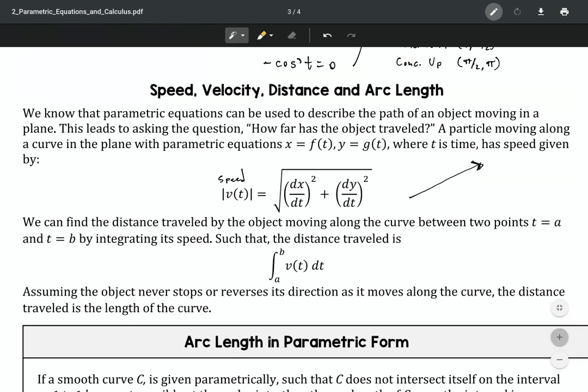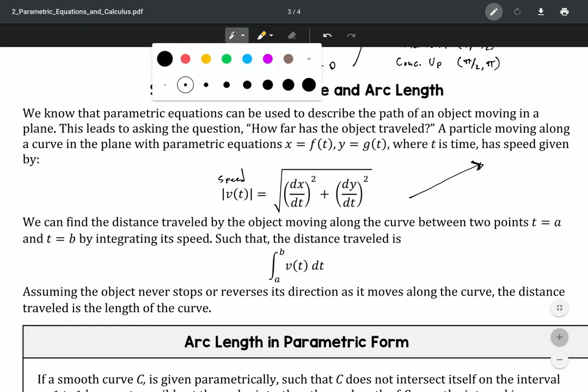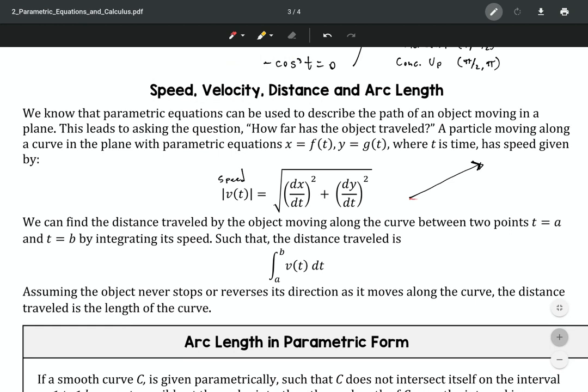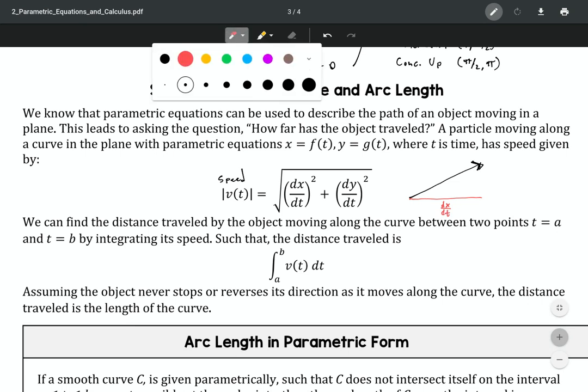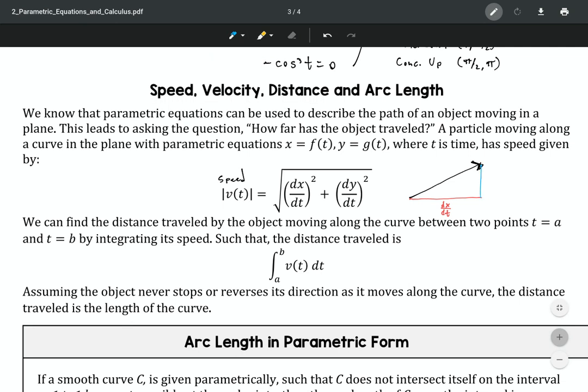All right, so if we're trying to find the length of this vector, which we call the magnitude of the vector, and let's say that this vector represents some kind of velocity, okay? What we would do is try to find the velocity in the x direction, which we can call dx dt, all right? And then we'd also try to find the velocity in the y direction, which is called dy dt.